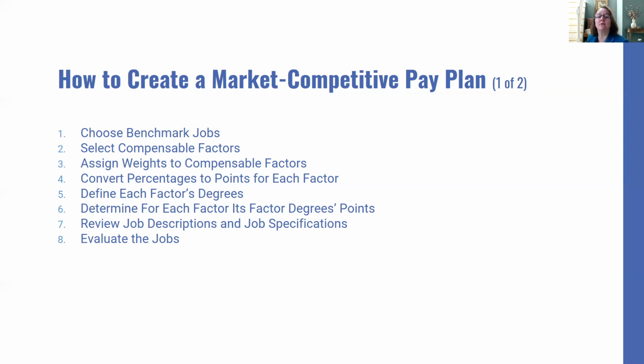So next we want to convert the percentage weights assigned to each compensable factor into point values for each factor. It's traditional to assume we are working on a total of 1,000 points, although you could use a different number. To convert percentages to points, of course, you're multiplying by 1,000.